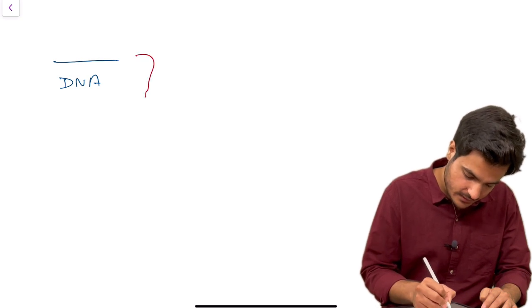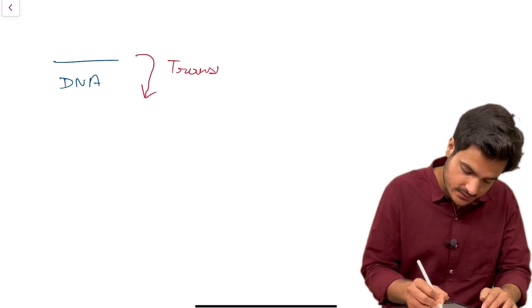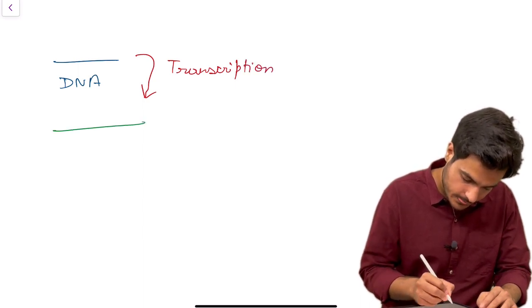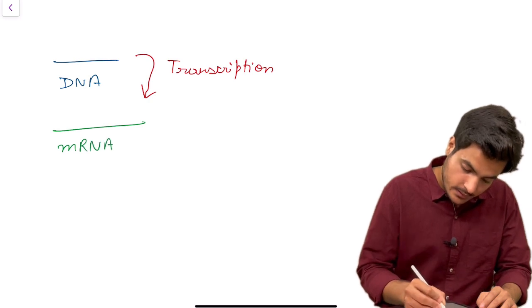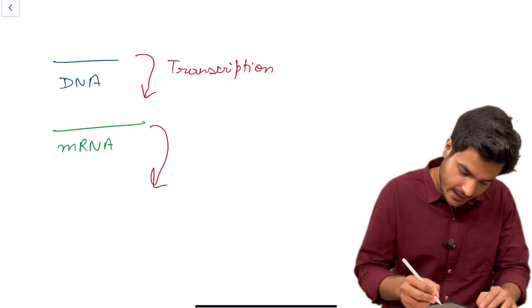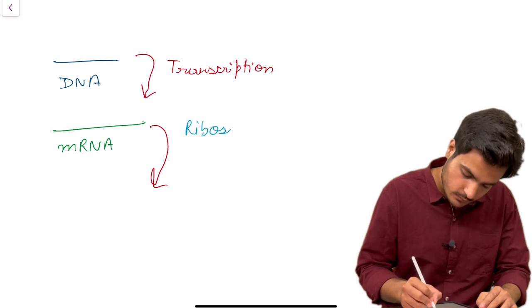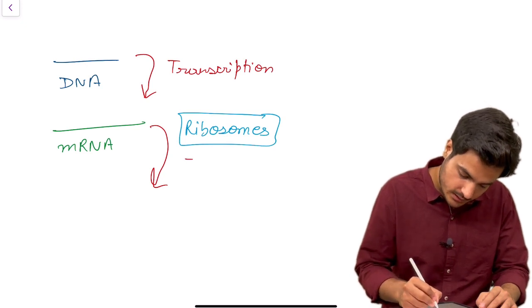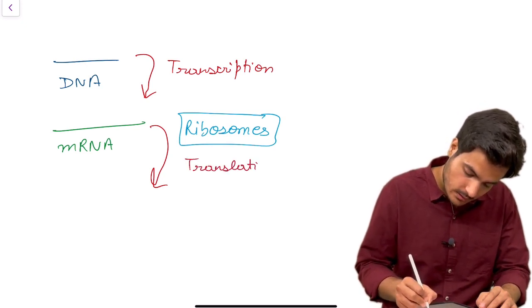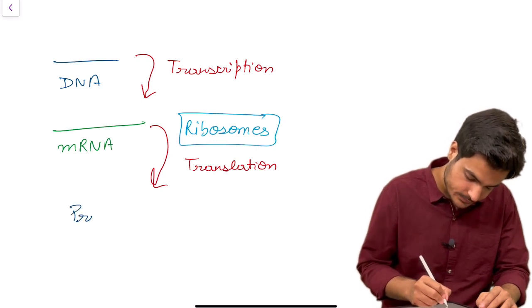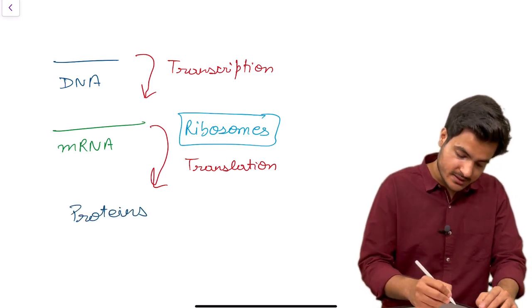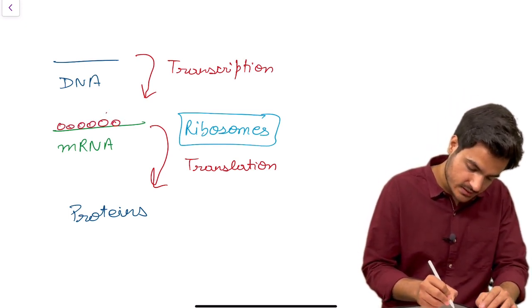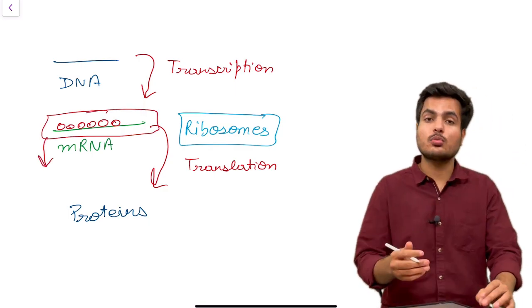From this DNA segment, via a process called transcription, all organisms produce mRNA. mRNA, with the help of ribosomes, which are the protein factory of the cell, through a process called translation, makes proteins. So on this mRNA strand, when multiple ribosomes are attached, this structure is called a polyribosome or polysome.